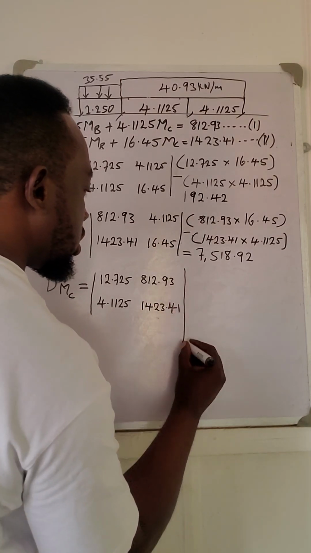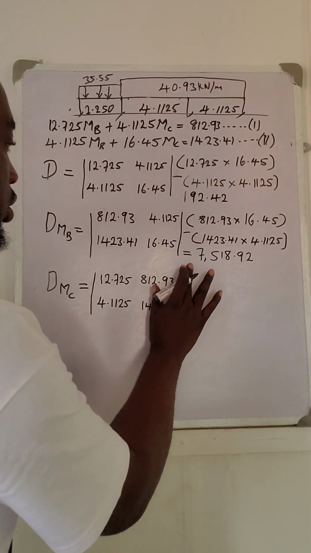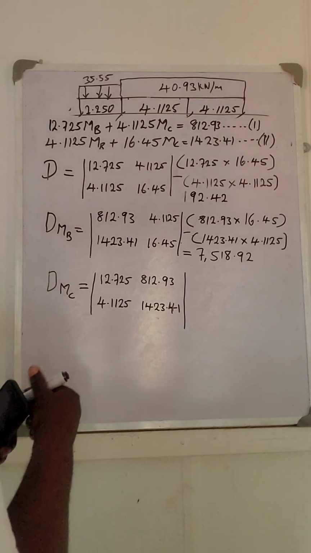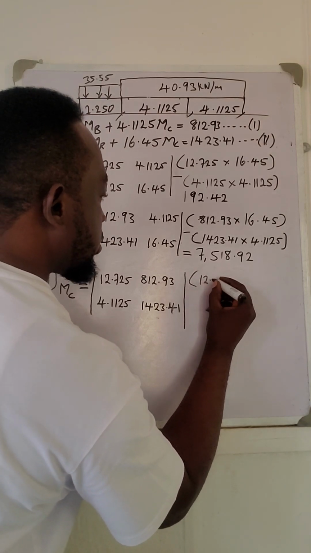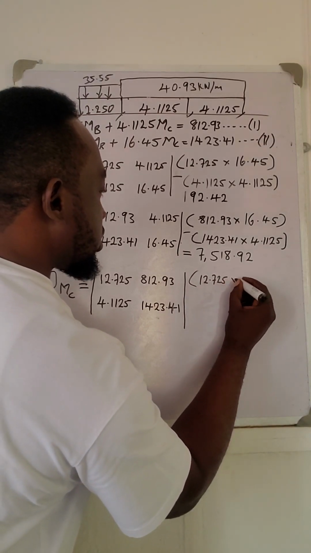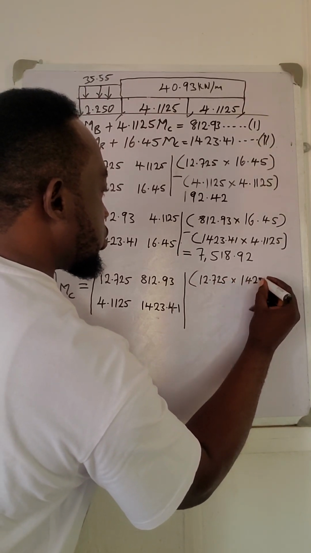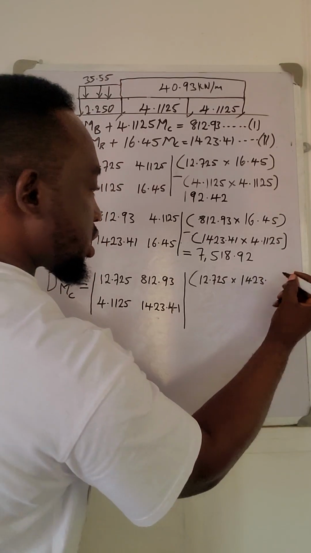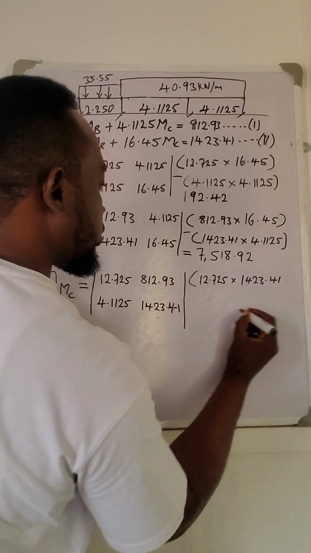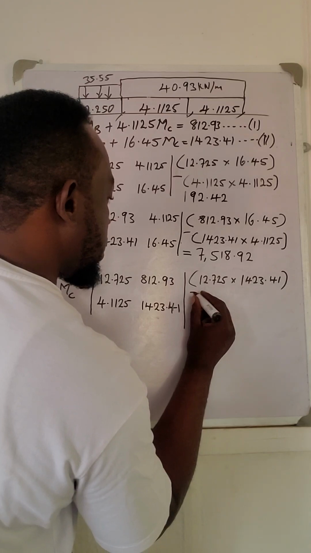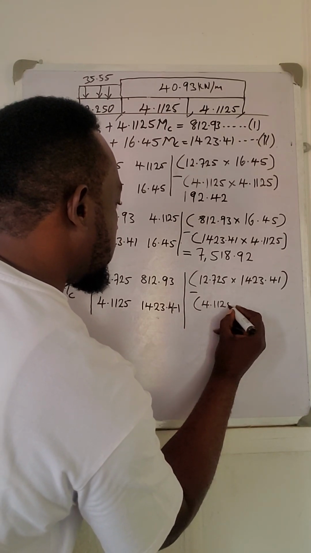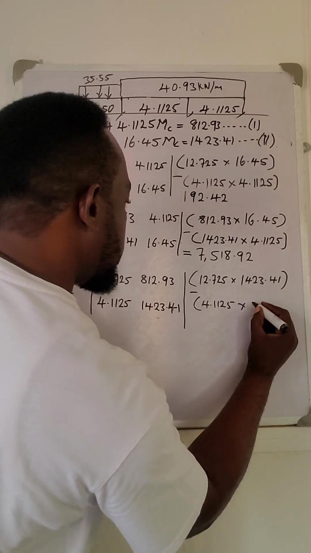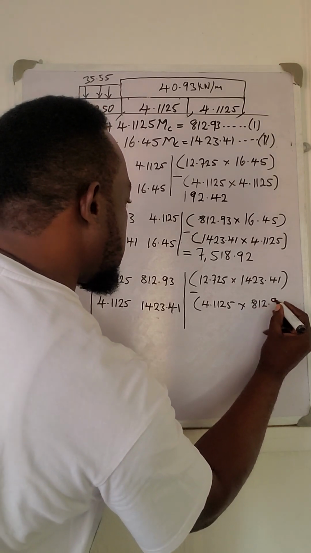Now we solve: 12.725 multiplied by 1423.41, minus 4.1125 multiplied by 812.93.